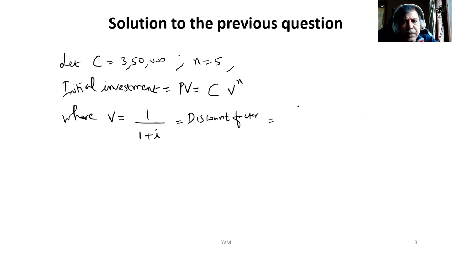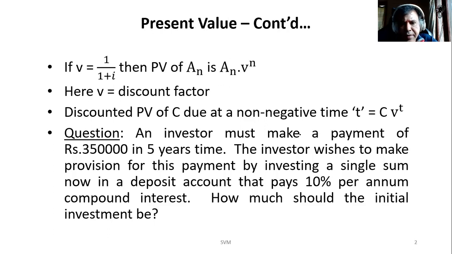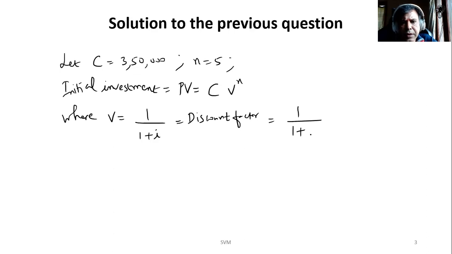So that is 1 divided by 1 plus, and the interest rate is given as 10% per annum compound interest. So this is 0.1. That means this is 1 by 1.1. Now, we are supposed to find out what is v to the power of n. So it is 1 by 1.1 to the power of 5.